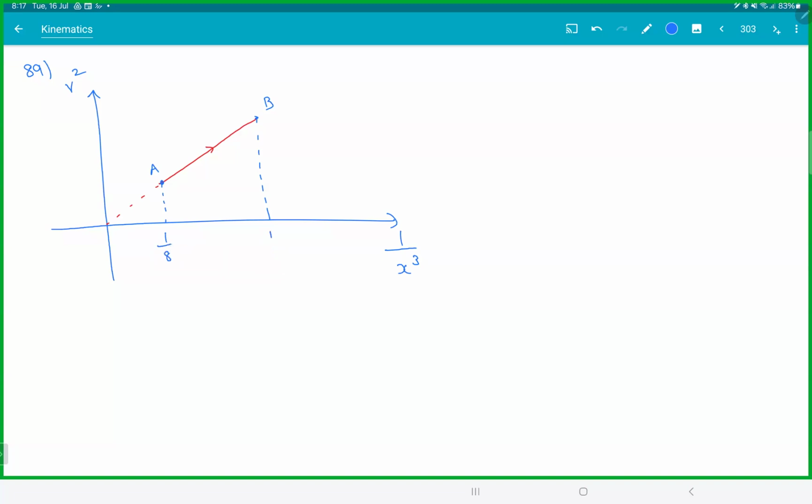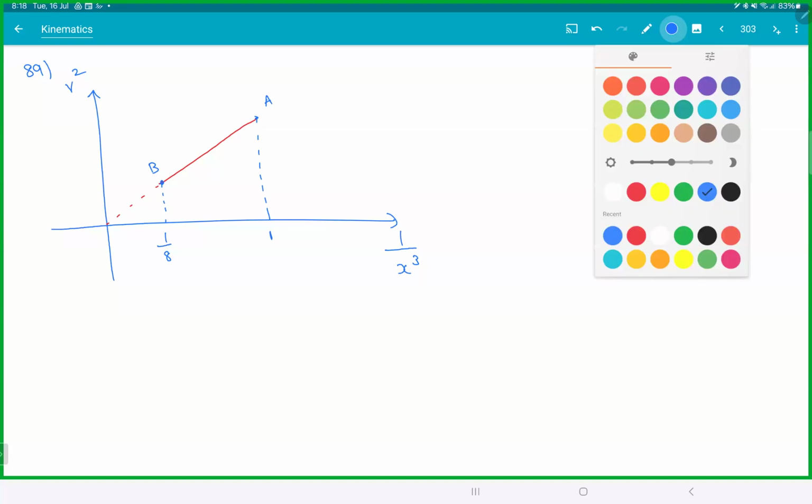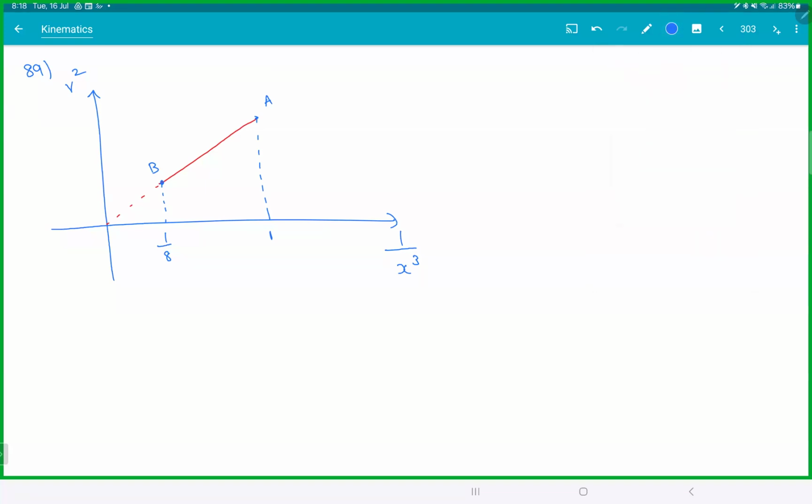This is 1 by 8 and this is 1. So the question is, find acceleration and time taken to go from A to B.